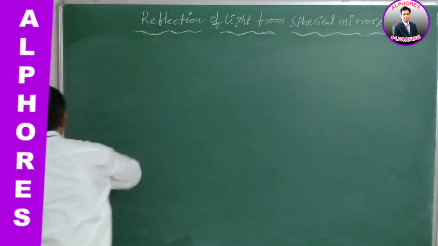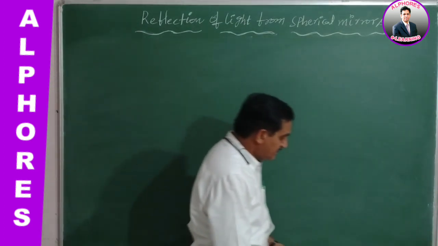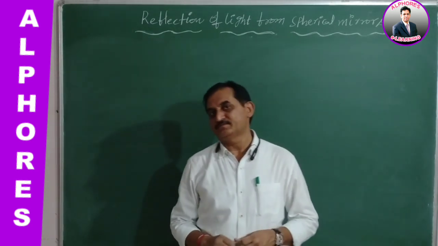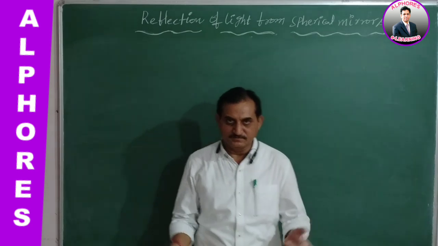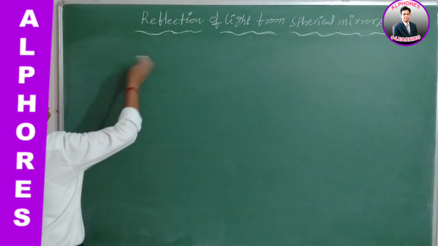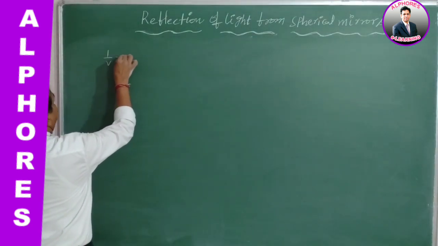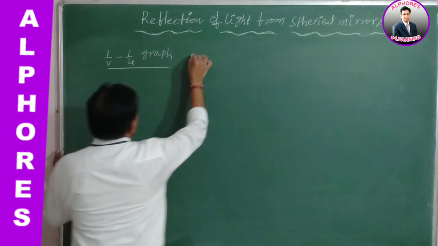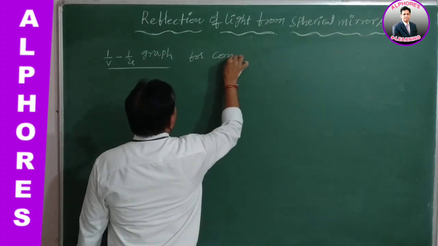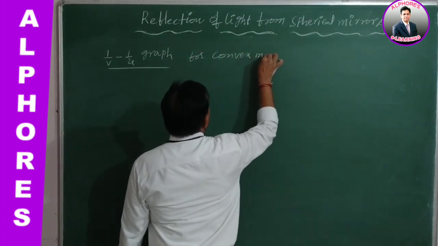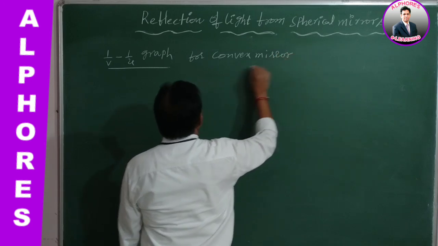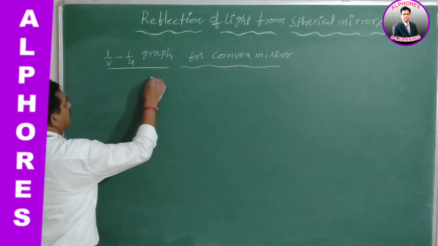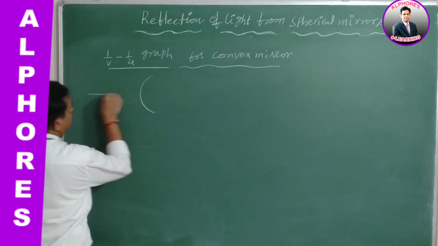We are talking about the real object, and its corresponding image formed by a convex mirror is always virtual. We discussed this earlier. Now, the 1 by v minus 1 by u graph for a convex mirror. In case of a convex mirror, let us consider a convex mirror.